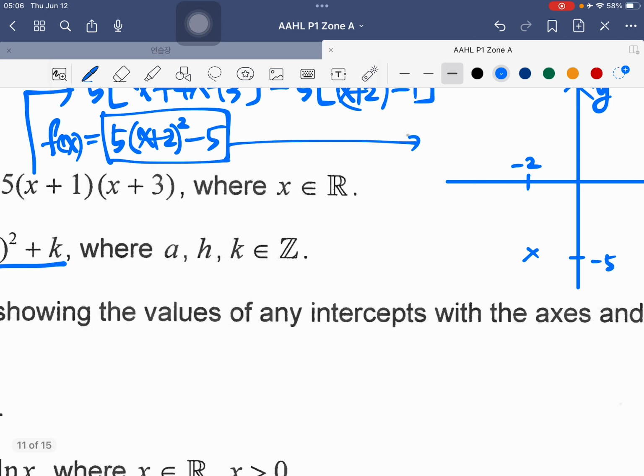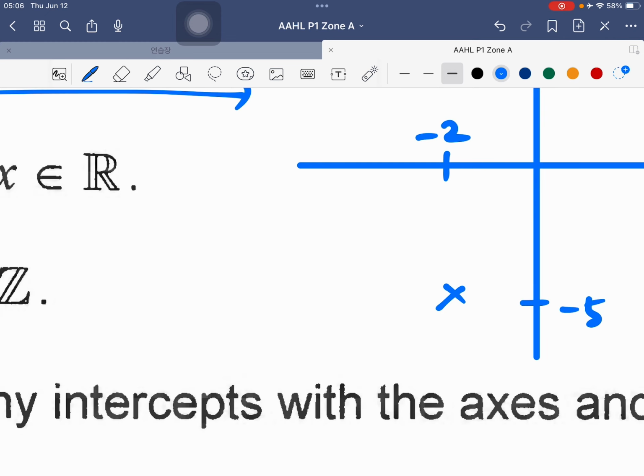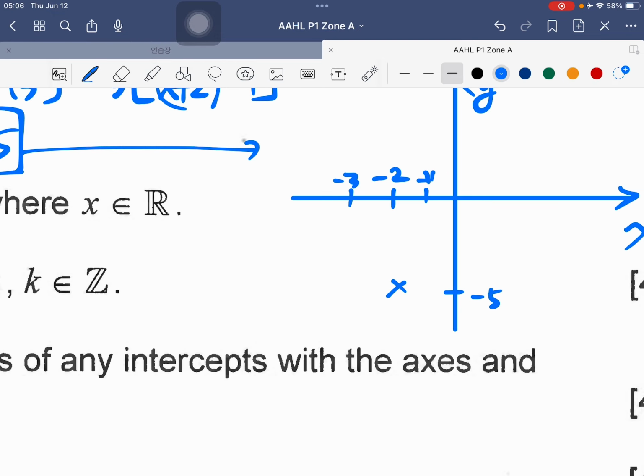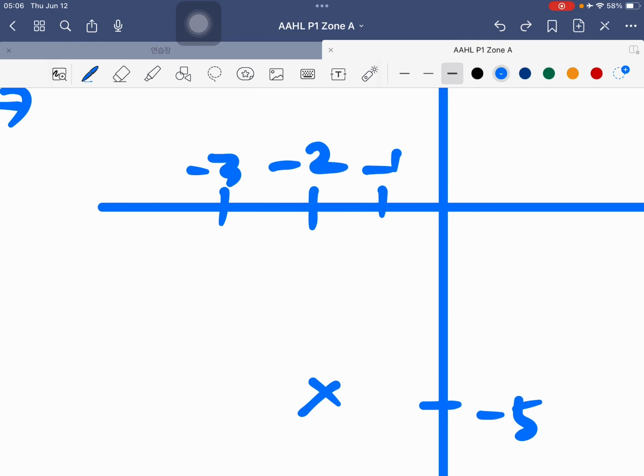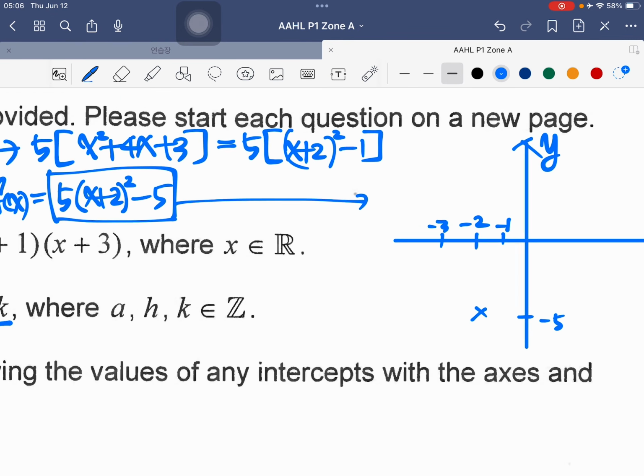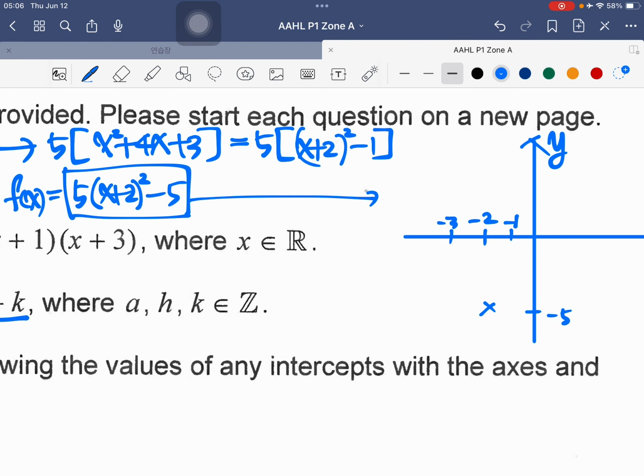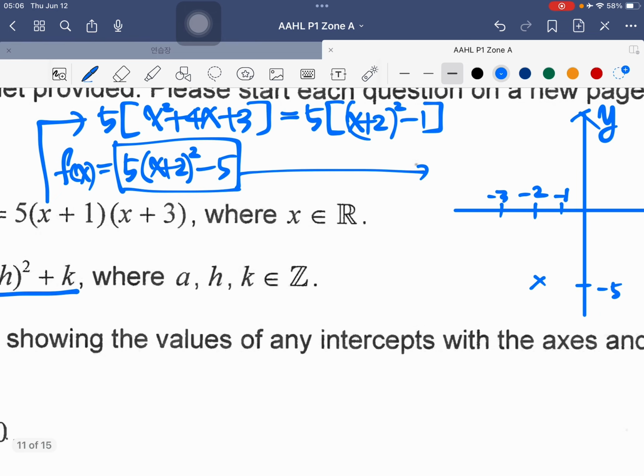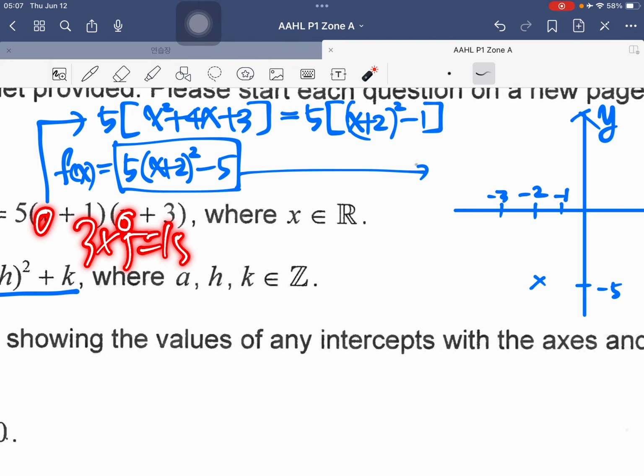And then we have the x-intercepts, where y is 0, which are negative 1 and negative 3. Over here, negative 1 and negative 3. And then the y-intercept is when x is 0, so it's 3 times 5, which is 15.